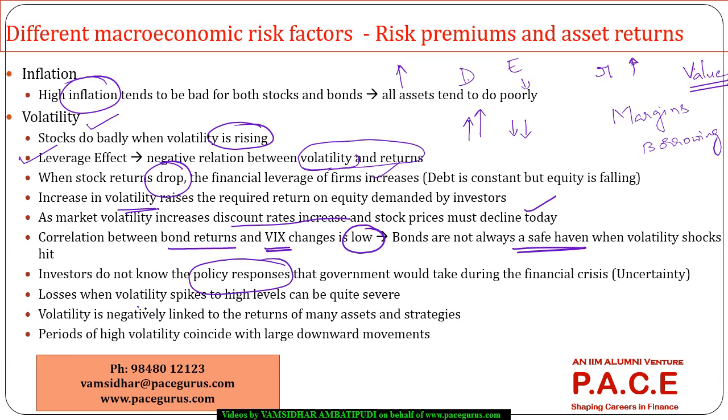And when the volatility is much, much higher, and it crosses a certain threshold, the losses can be very, very severe. Right? So we have to understand one simple point in this context. There is a lot of negative linkage between the volatility and the returns, not only of a couple of assets in isolation, but even of the portfolios and any kind of investment strategies that have been taken.